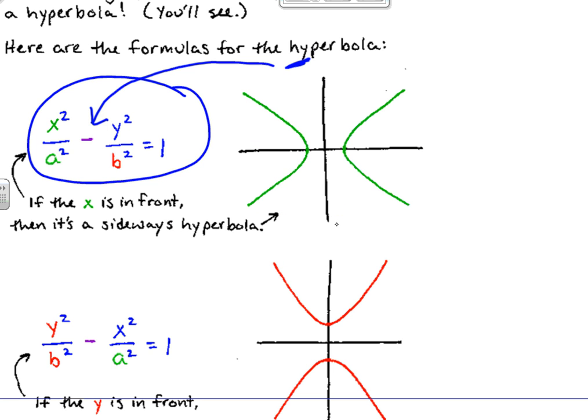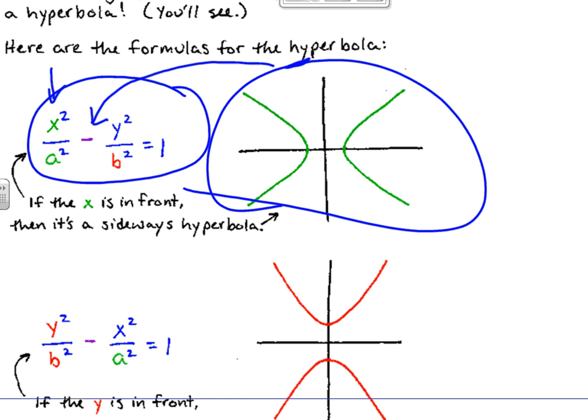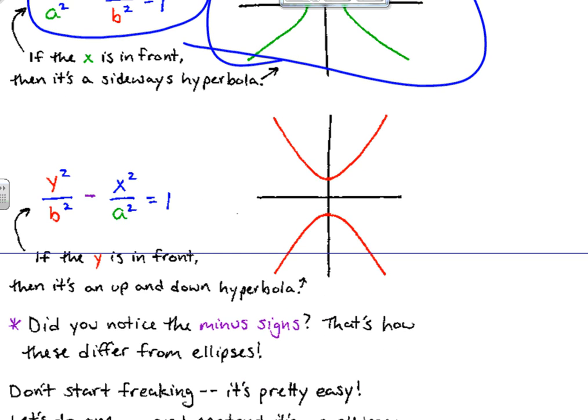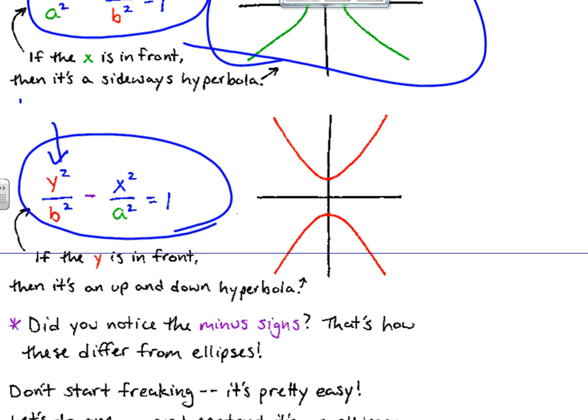Here's the deal. If it's x squared first and then minus, the picture looks like that, where they go kind of sideways, like this and like that. But if y squared is first, and it's the subtraction problem, so here the y squared is first, then it's going to go up and down.